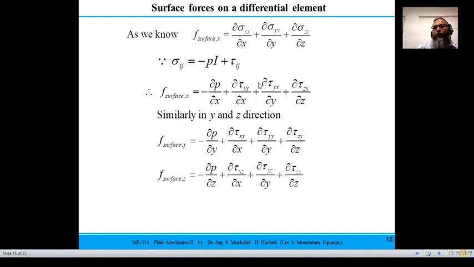So altogether, in a compact notation, we can write the forces per unit volume acting onto the fluid element as a combination of the pressure gradient and the divergence of this shear stress tensor.